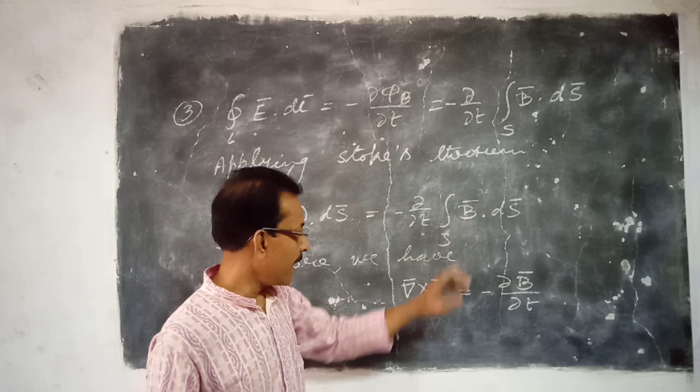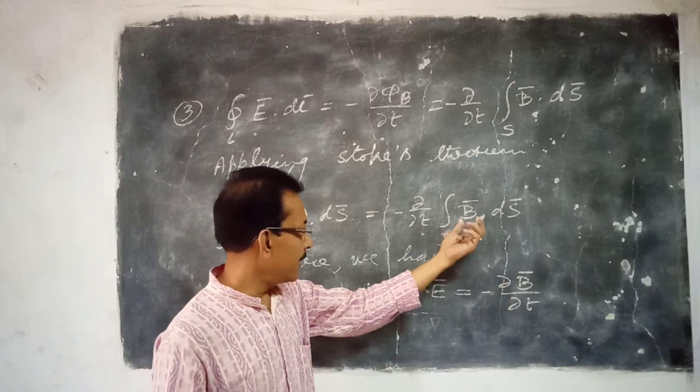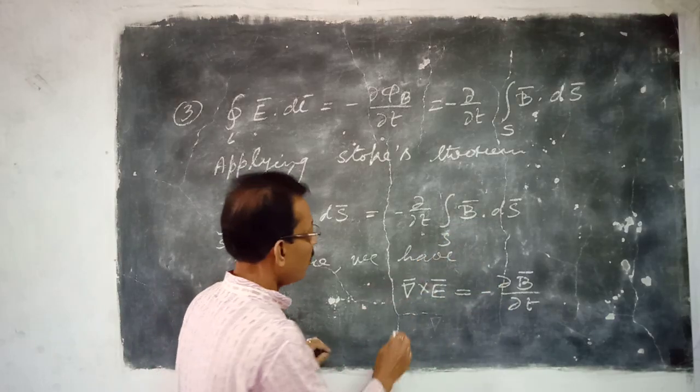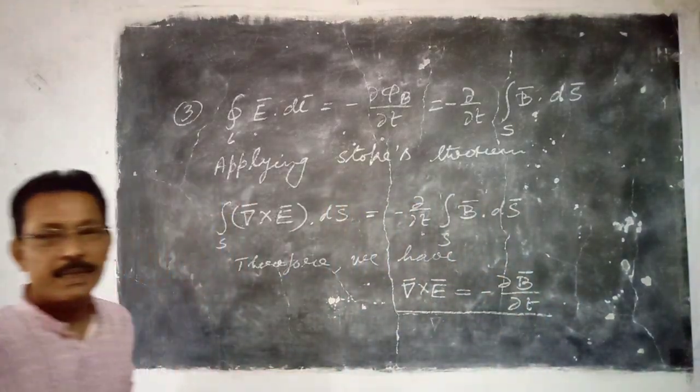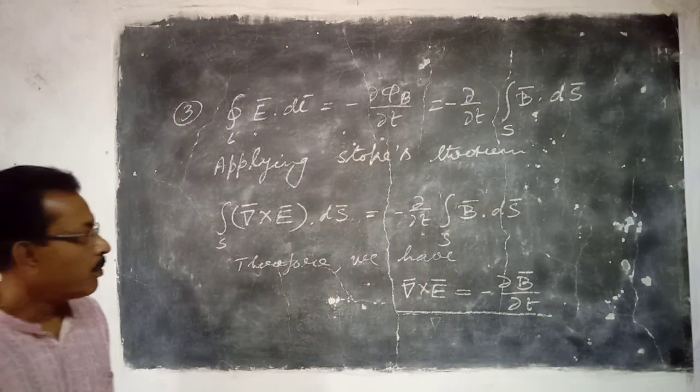So you can take it inside, and ∂B/∂t is the integrand here. So curl of E is equal to minus ∂B/∂t, which is the Faraday's law of electromagnetic induction, differential form.